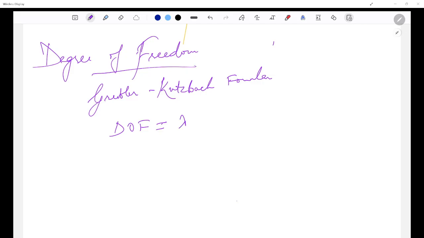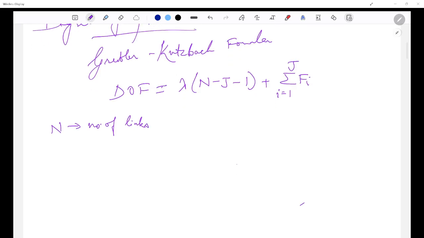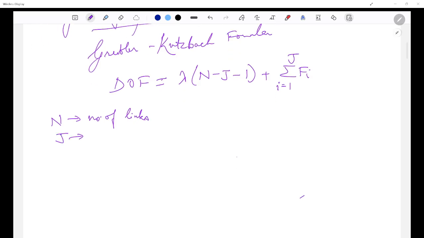So it is lambda into (n minus j minus 1) plus sigma f i, where i goes from 1 to j. What do these terms individually mean? N is the number of links. J is the number of joints.